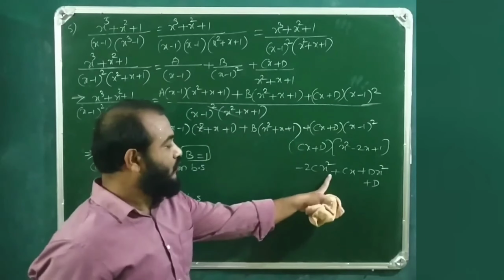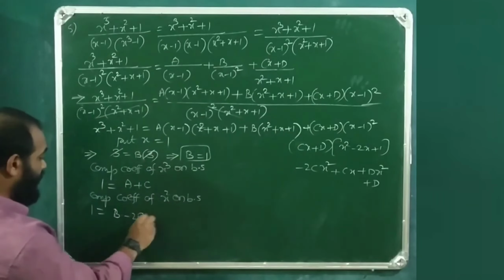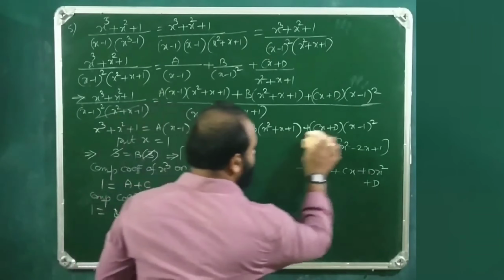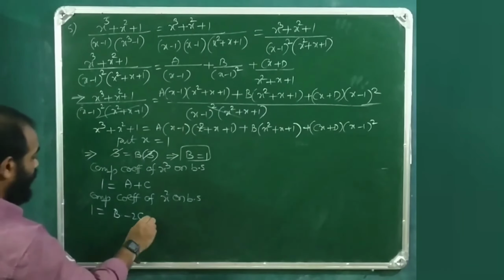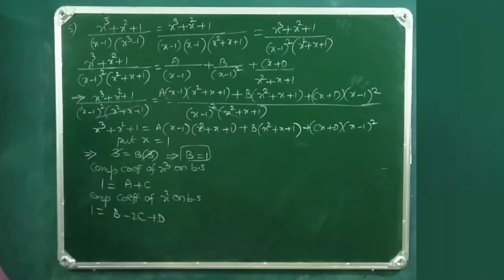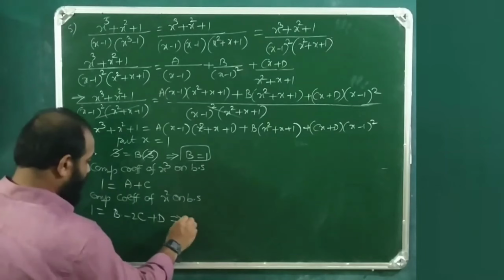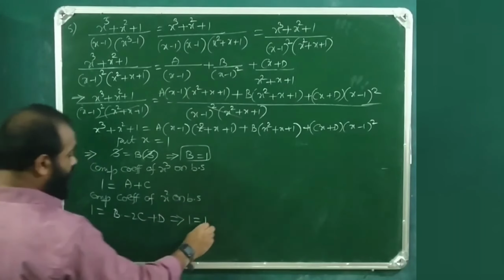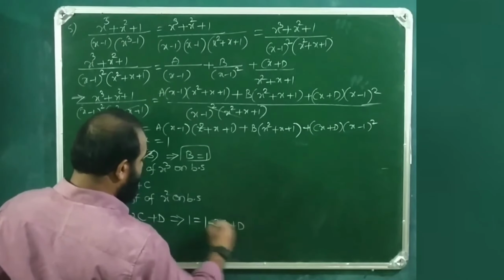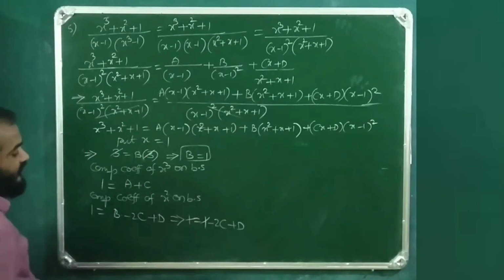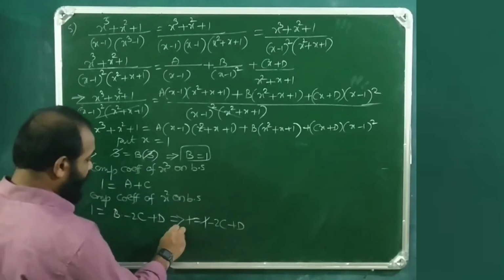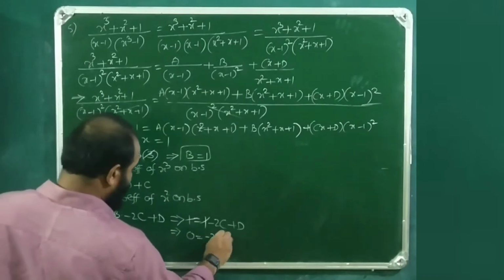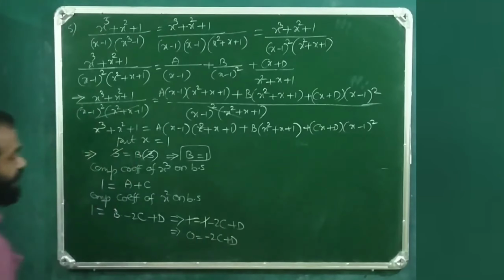So here the x² coefficient is −2c, and the x² coefficient is d, so plus d. From this, 1 equals the value of b, which is 1, minus 2c plus d. So 1 gets cancelled. So this equals 0 equals minus 2c plus d.